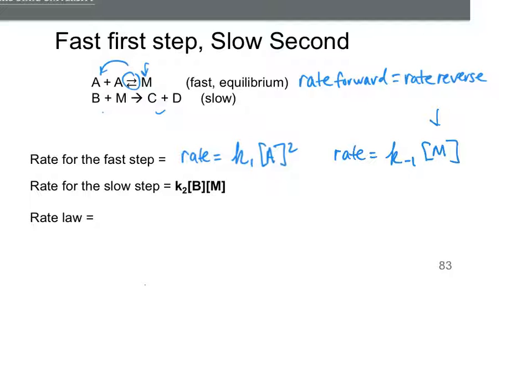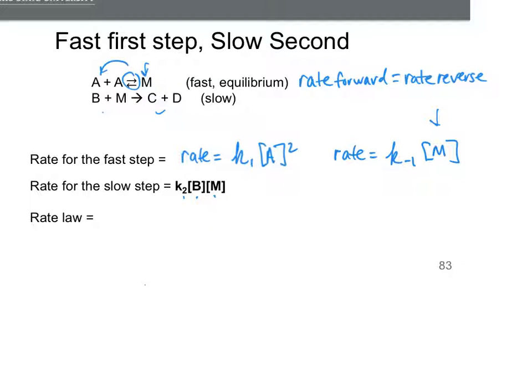So why am I doing that? If we were to derive the rate law from the slow step, we would end up with rate equals K2, to signify the second step, times B times M. What's wrong with that? What's M? M's an intermediate, right?